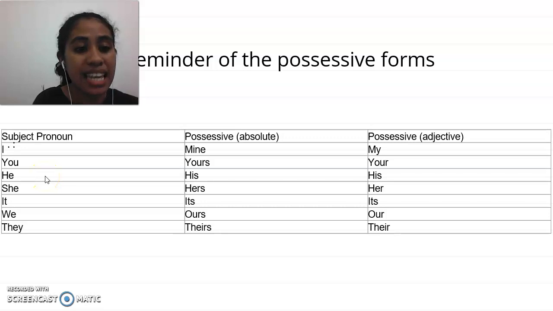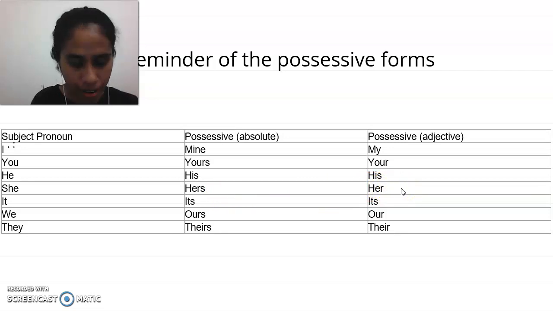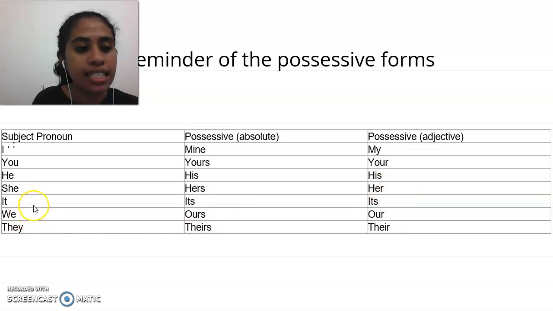When the subject pronoun is he, the possessive absolute is his and the possessive adjective is his. When the subject pronoun is she, the possessive absolute is hers and the possessive adjective is her. When the subject pronoun is it, the possessive absolute is its and the possessive adjective is its.